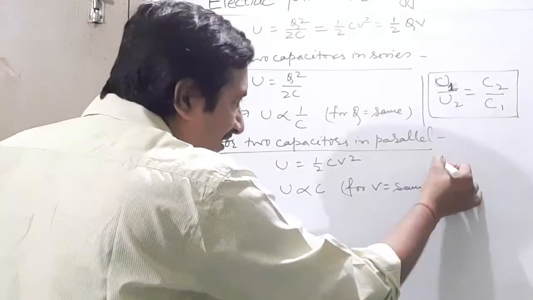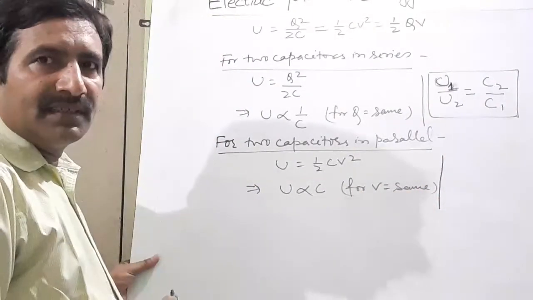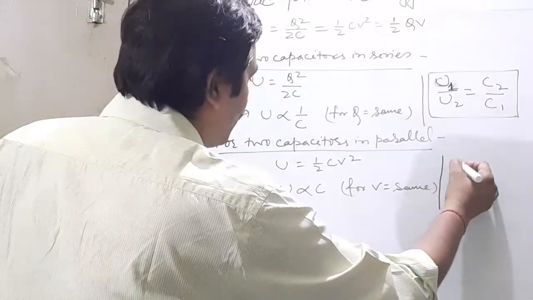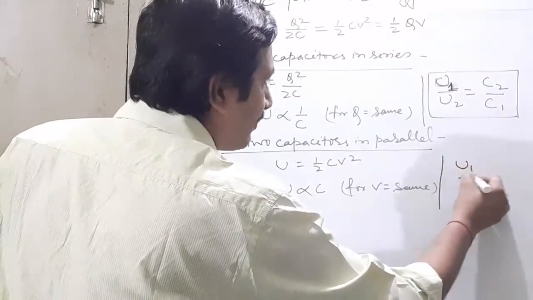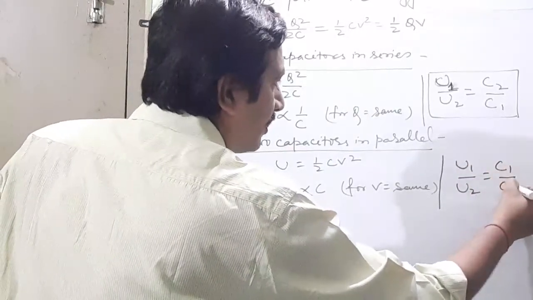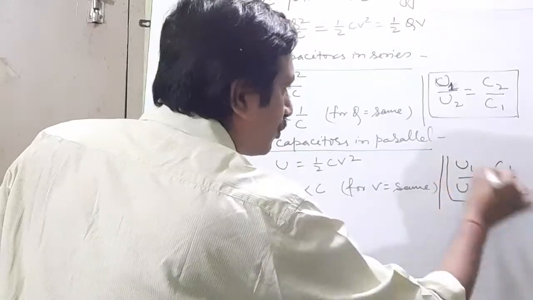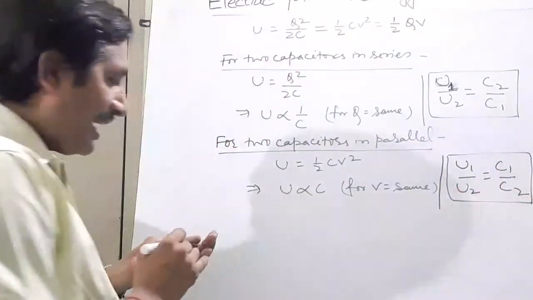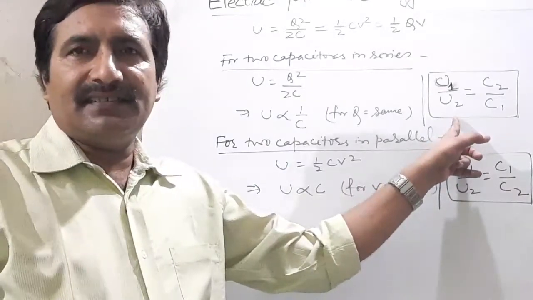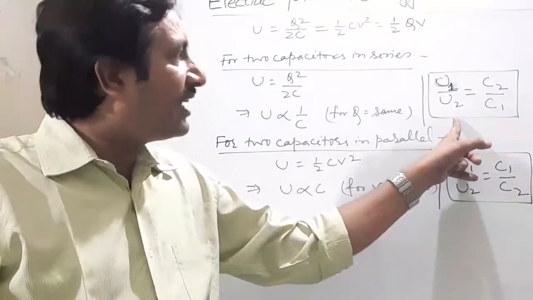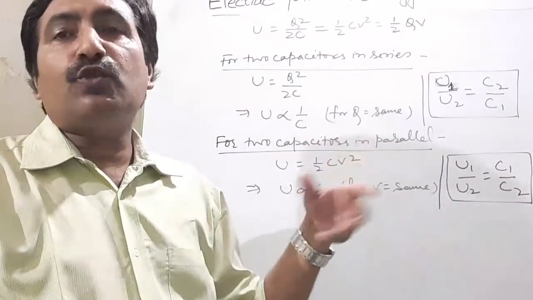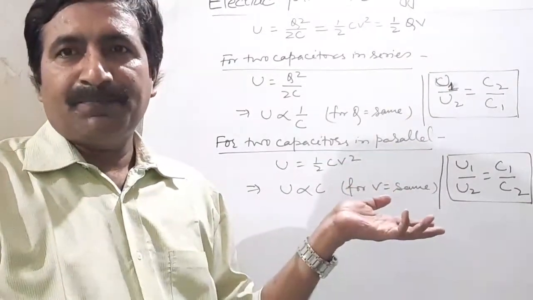If two capacitors are connected in parallel, then the potential energy will be in the ratio U1 by U2 is equal to C1 by C2. What can you conclude from these two? If the two capacitors are connected in series, then the capacitor with less capacitance will store more potential energy.